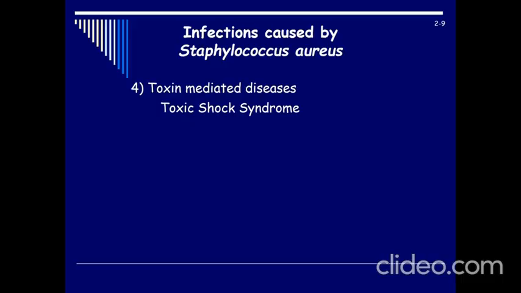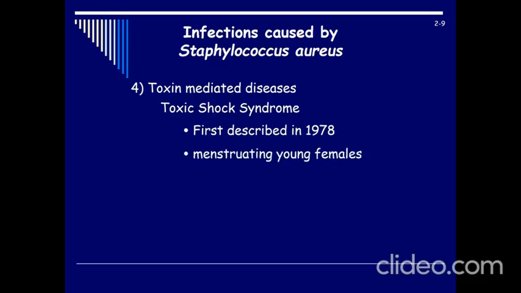And this was first described in 1978. It was noticed in menstruating young females. So this was a previously undescribed disease. But it caught the attention of epidemiologists because there were a lot of women that were getting very sick and some were dying from this. In the end, they linked it to superabsorbent tampons.